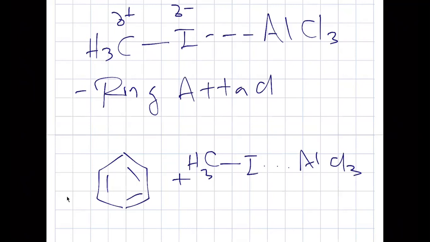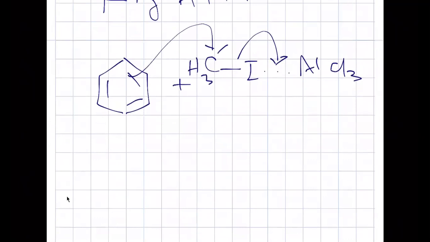Right? And then this attacks here like so, just like in the other reaction. There's not a whole lot of difference in the mechanism, more so than there is a difference in what's reacting, right? The mechanism is pretty standard for all three of these reactions: the alkylation, the acylation, as well as the halogenation.